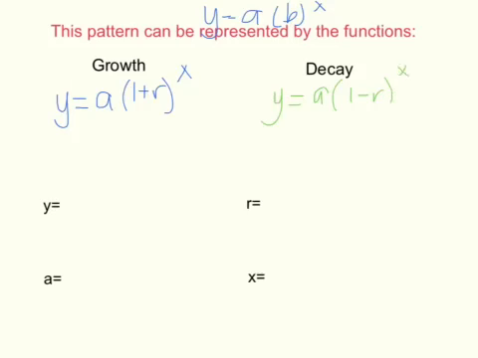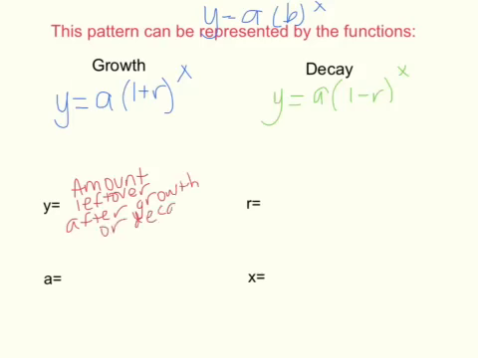And my y value is the amount that we're going to have left, the amount left over after we have a growth or a decay. So that's the y value.